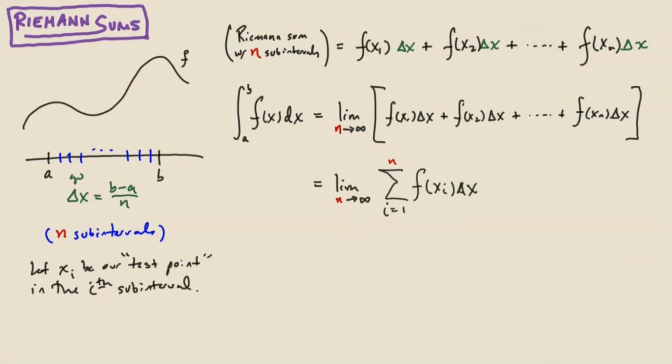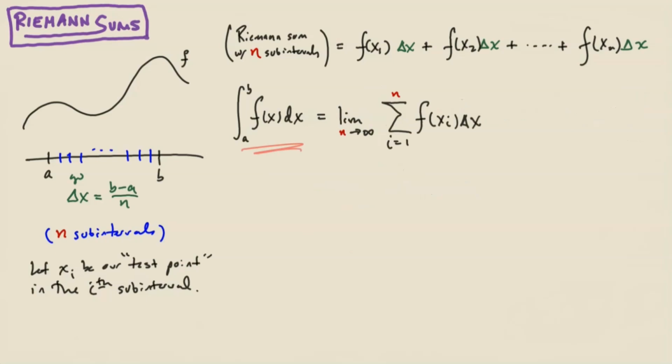So yes, an integral can be viewed as a limit of Riemann sums. And if I want to be very precise, what I should write here is that this integral of f from a to b is this limit of Riemann sums where delta x is 1/nth of the length of the total region of integration, and x sub i is any point, a test point in the ith subinterval.